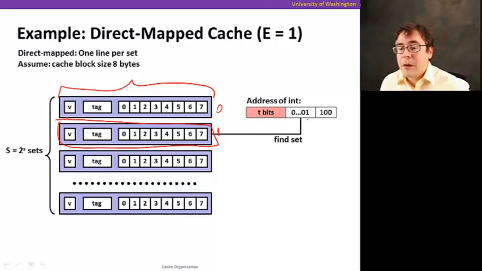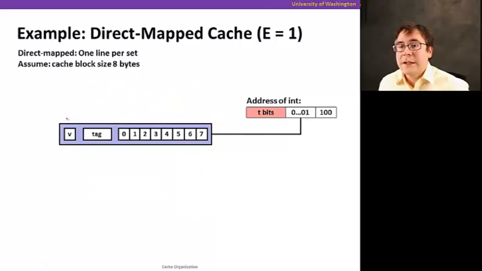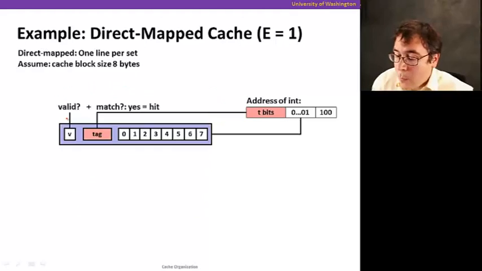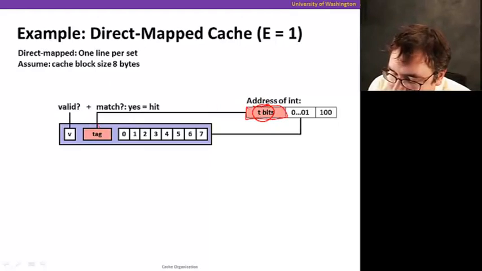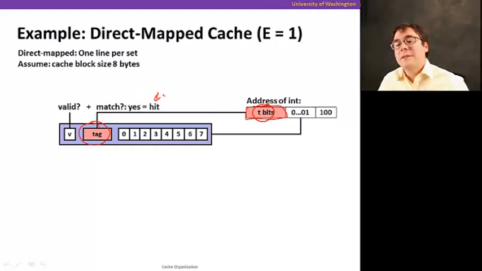What is the next step? The next step is to select that line, and then determine whether the tag matches. If the t bits, the upper part of the address, match the tag stored in the cache, we have a hit. If it doesn't match, we have a miss.